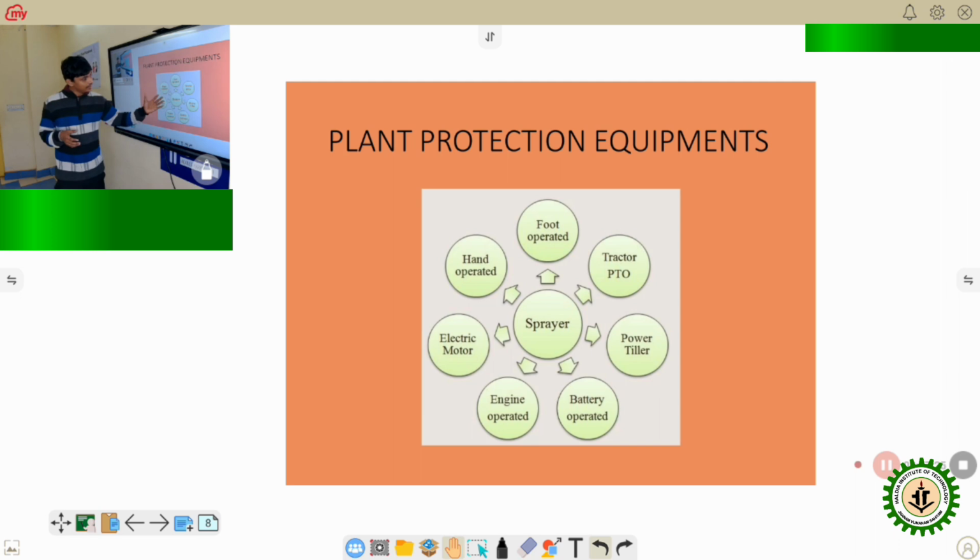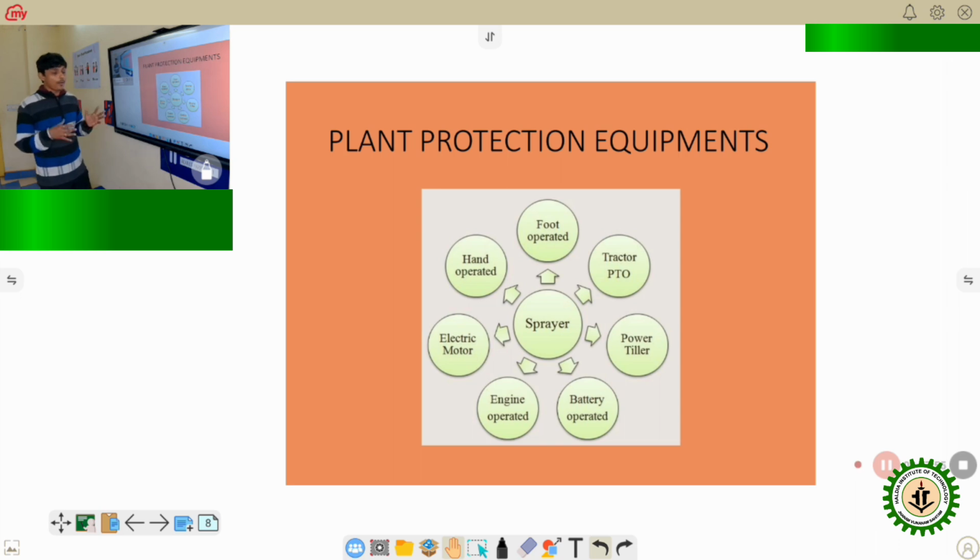These include manual operated, foot operated, tractor operated, power tiller operated, battery operated, engine operated, and electric motor operated. So this is the basis of the power unit that is used for operating the crop protection equipment.